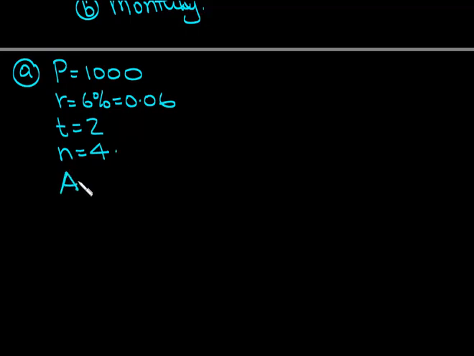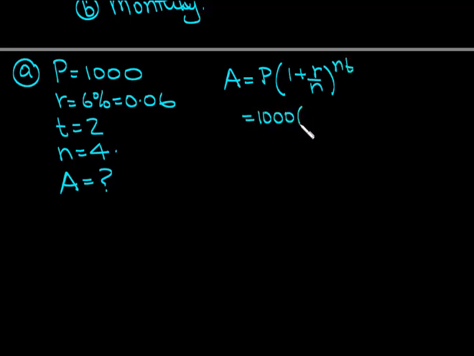So A is equal to P(1 plus R over N) to the NT. So we get 1,000 times (1 plus 0.06 over 4) to the 2 times 4. I'm sorry, this should be a 4.